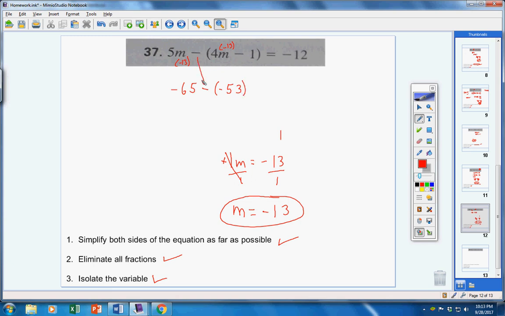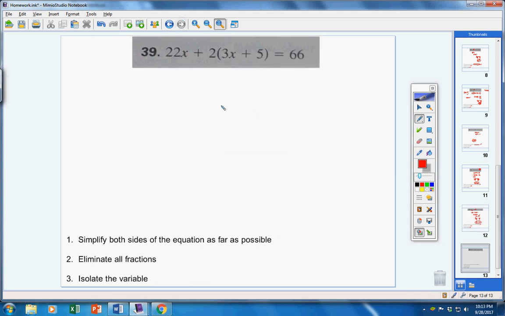So I brought down my negative sign, and this in parentheses is negative 53. Negative, negative makes the 53 positive. Combine those, you get a negative 12, which equals negative 12. Okay? Alright, last problem, number 39.